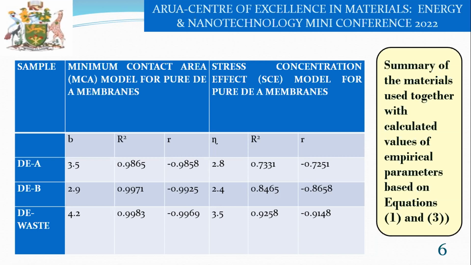So we were able to see that if we concentrate on the requirements of the minimum contact area model in fabricating our material, we will be able to get a material from diatomaceous A, diatomaceous B, and diatomaceous earth waste that is very good for filtration.